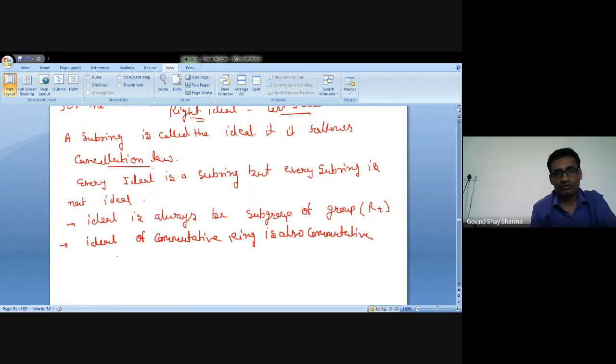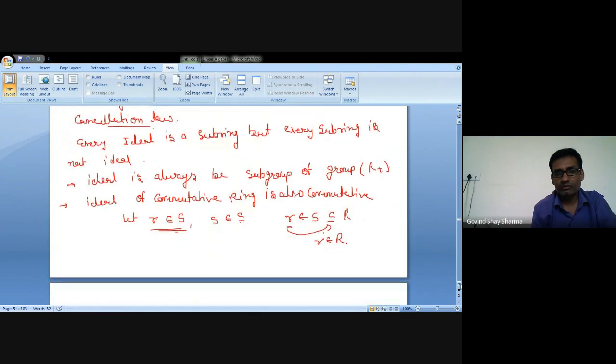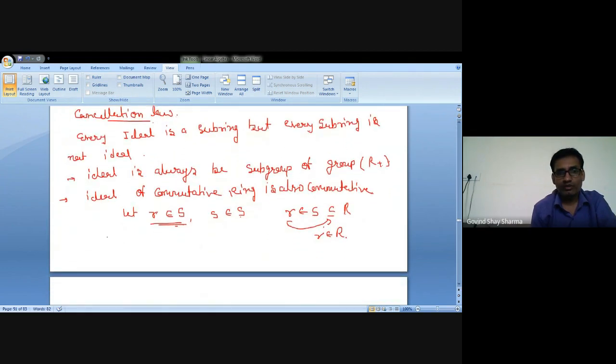Like r is an element of S and s is an element of S, but this r is also an element of R, since S is a subset of R. So this element also belongs to R. Same, s belongs to S, and S is a subset of R, so this is also in R.